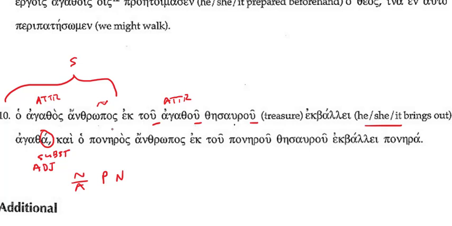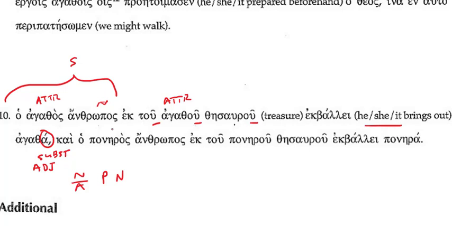So you could just say brings out good, but in Greek, the Greek word good is committing you to a gender and a number. In English, good could be any gender and any number, but in Greek we have more information. It's neuter plural, good. So should we translate it as brings out goods? No, we don't want to do that. We want to say something like good things.